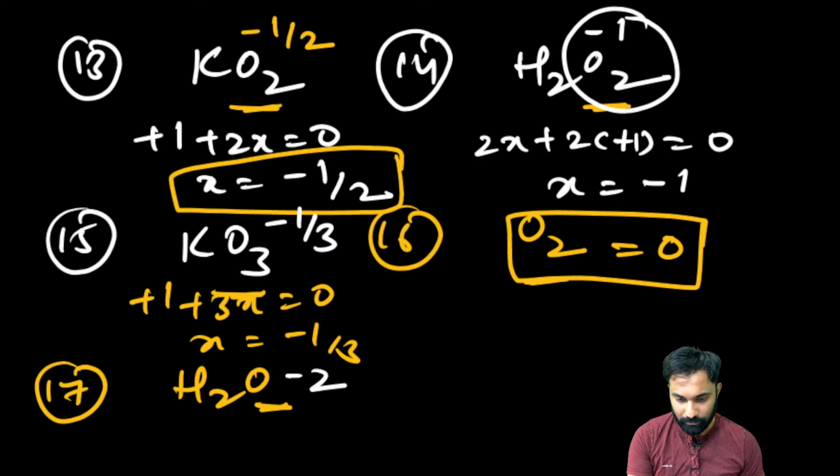Next one. Next, some other compounds, if they have been given, then how to identify? Next, some important oxidation numbers that you have to remember. Some exceptional oxidation numbers that we are going to see. This will play a very crucial role. Many students get confused here.